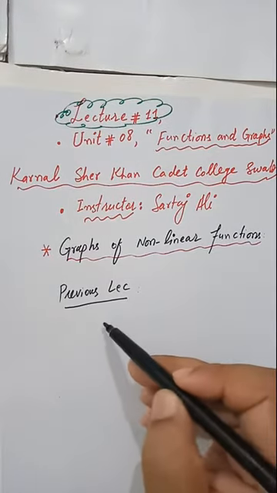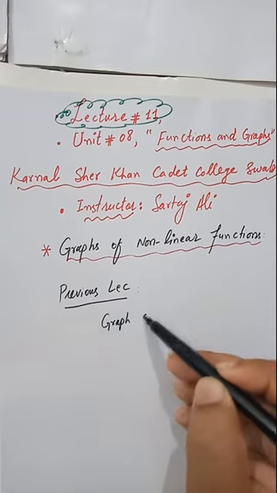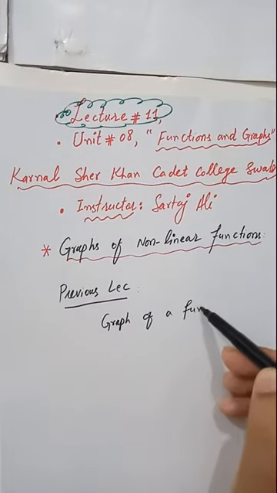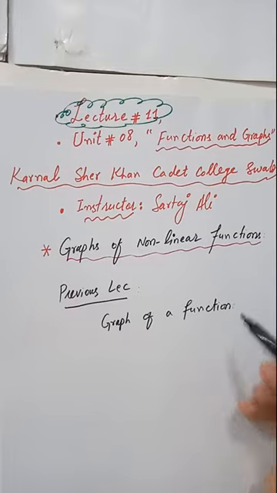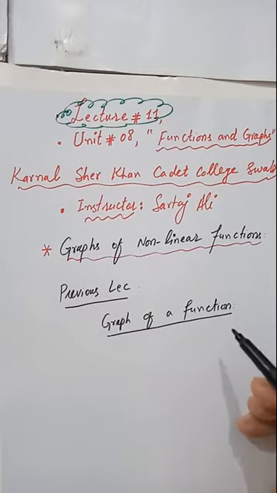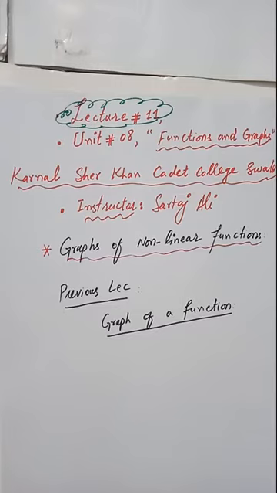We discussed the graph of a function. In simple words, the graph of every function, whether linear or non-linear, is a set of points, and when those points are joined together, we get a curve in a two-dimensional plane if the function is a single variable function.